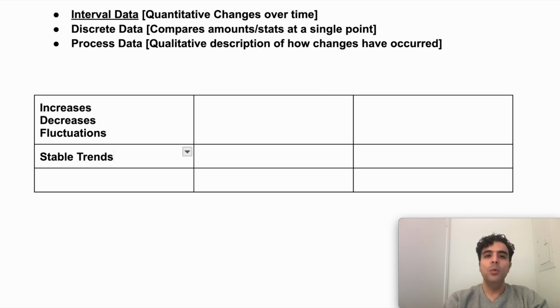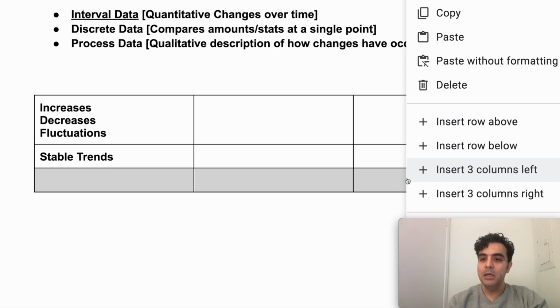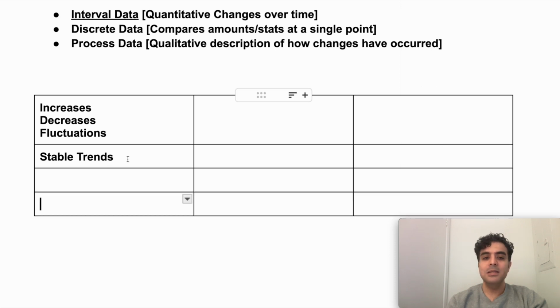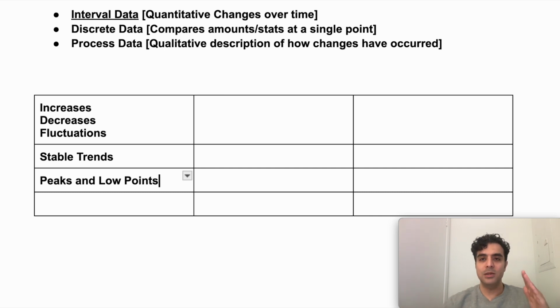Another thing we want to describe is stable trends. So what if we want to talk about changes that have happened, but they're really stable, right? So no change has occurred. That's also a possibility. What about peaks and low points? These form another category. So what if we want to describe something reaching its highest point and then something reaching its lowest point?